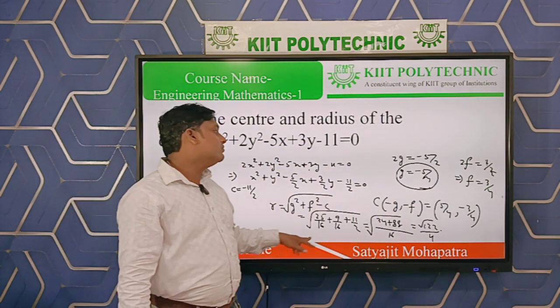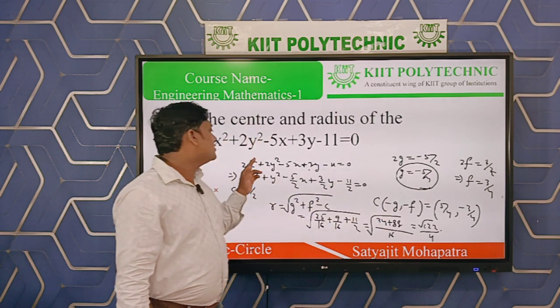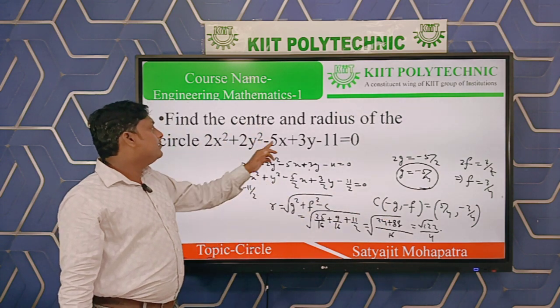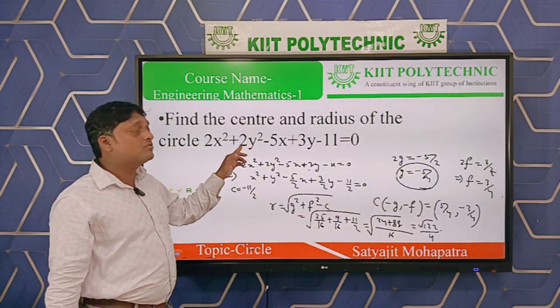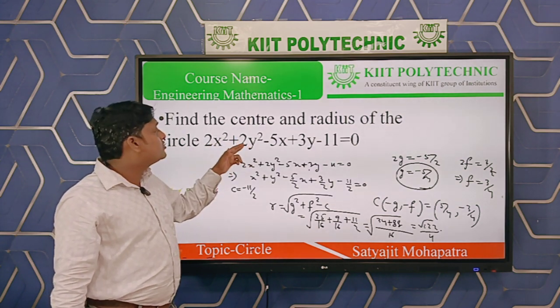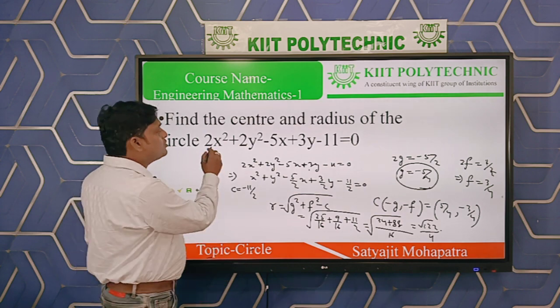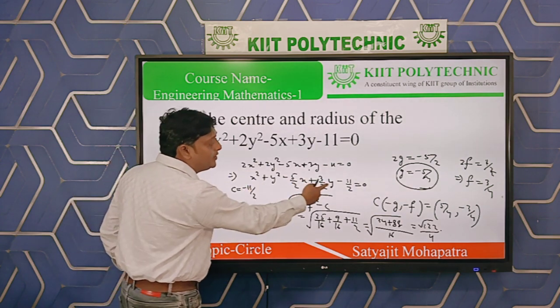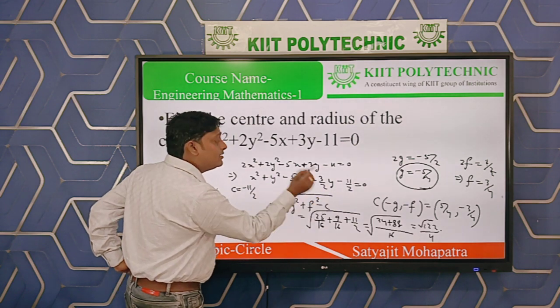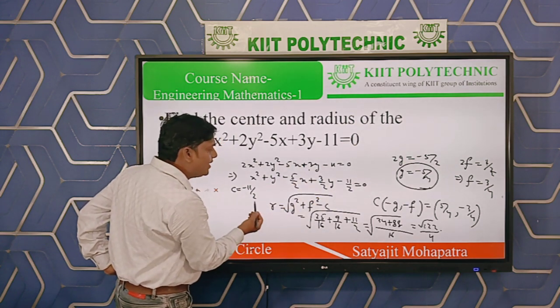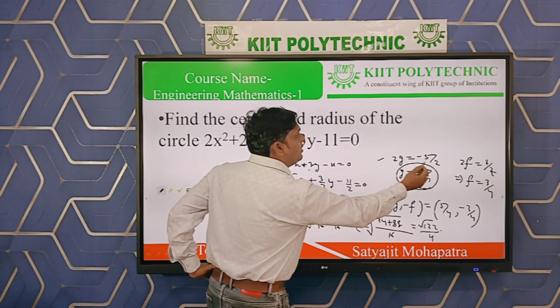We got radius. We also got center from this equation. In the equation given, you see x square and y square's coefficient is 2. First you have to make these two 1. How to make these two 1? Just by dividing by 2. After dividing by 2, whatever equation you got, from there you have to extract your 2g and 2f.